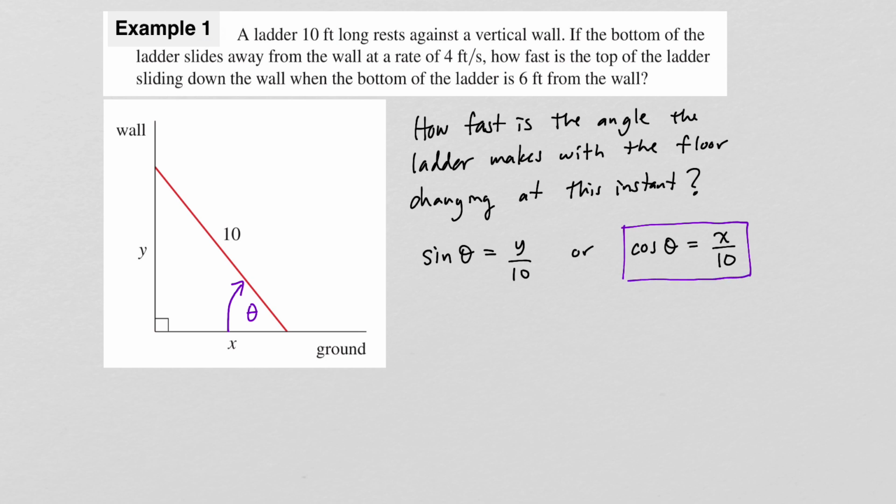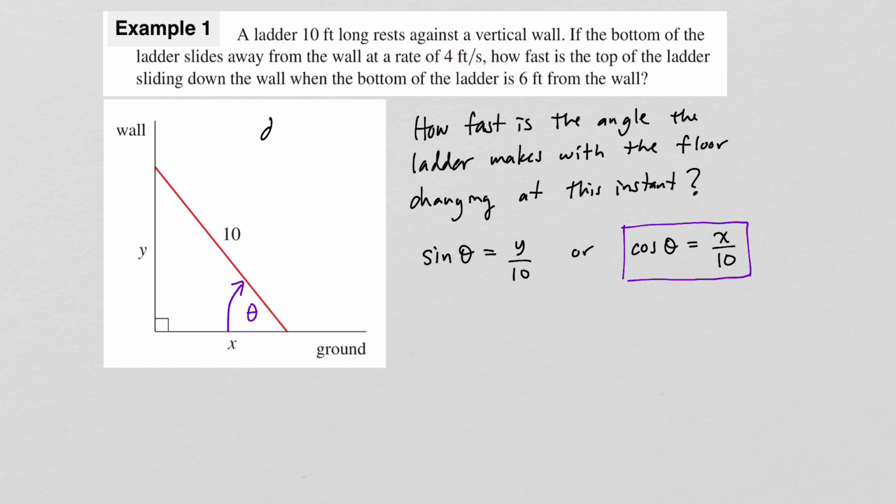Now think about why I would prefer to use this one. Why do I prefer cosine of theta equals x over 10? Is it because I prefer cosine over sine? Well, no. It's because I prefer x instead of y. And the reason I prefer x is because the information that they gave us in the problem was about x, right?